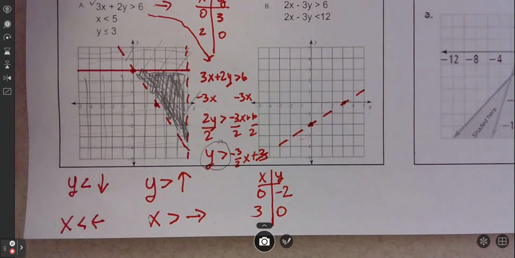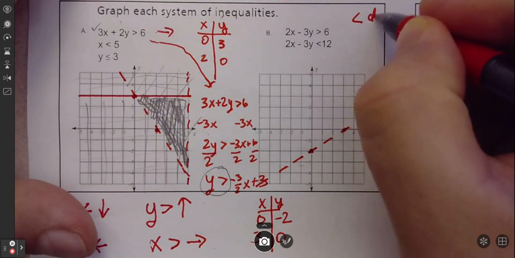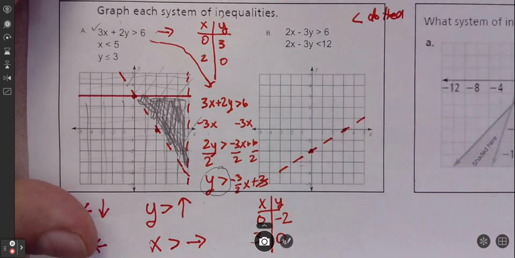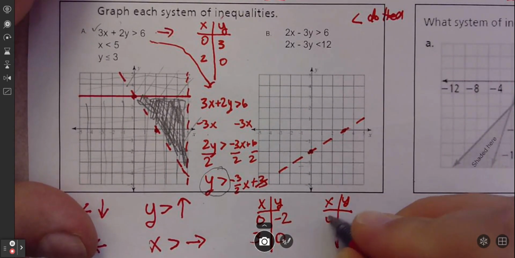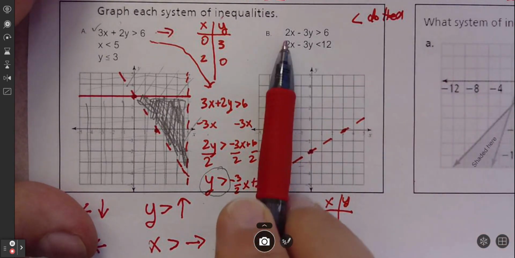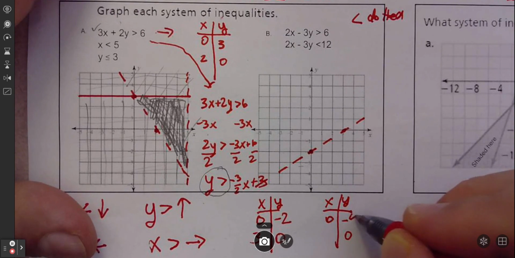It needs to be dotted because it doesn't have the equal part. This is always dotted. If it has the equal part, then it's a solid line. The next one, if I plug in 0 for x, then y is -4.